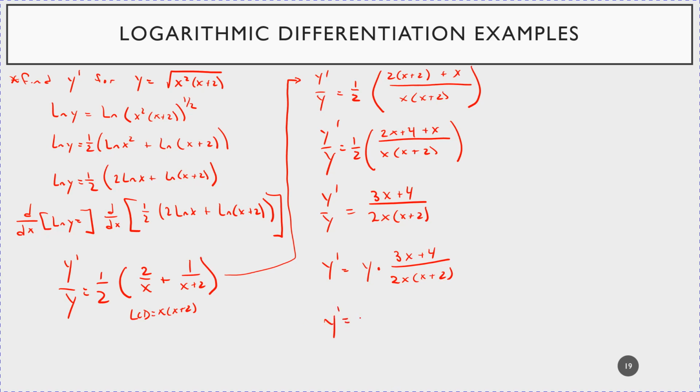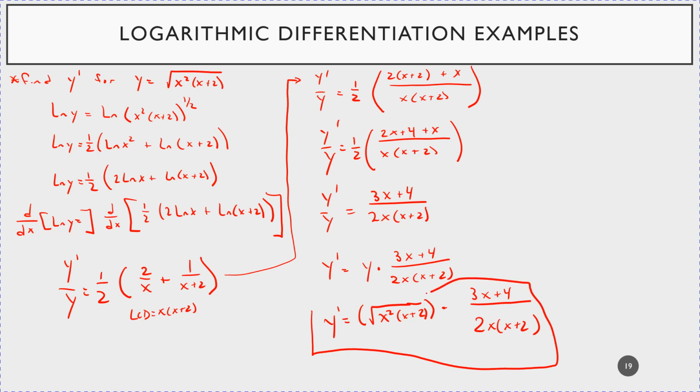So y prime is equal to y, which is the square root of x squared times x plus 2, times 3x plus 4 all over 2x times x plus 2. You could tuck this into the numerator if you wanted to, but I'm just going to leave it out here for now, just to save a little bit of space and time.